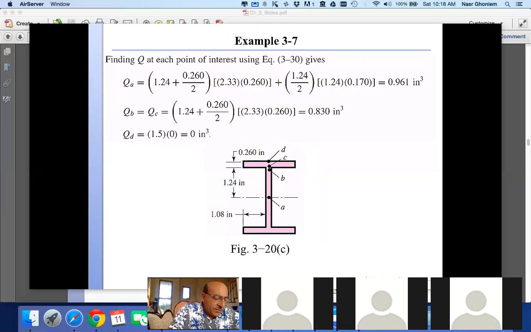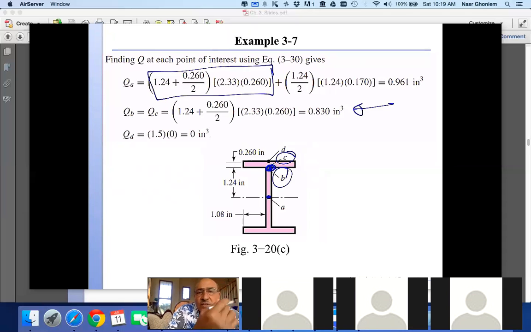So if I do that for all of the points, point A would obviously have the highest Q, point B would be the same as point C, these two are the same, and their Q is just only the first part here, because we're looking for the effect of the area above that point.